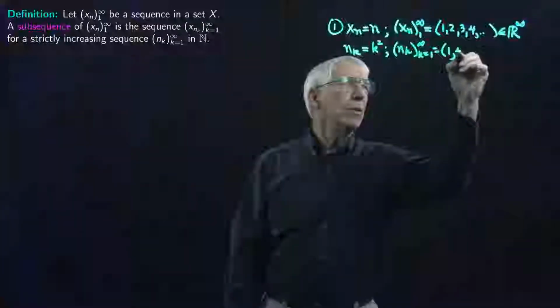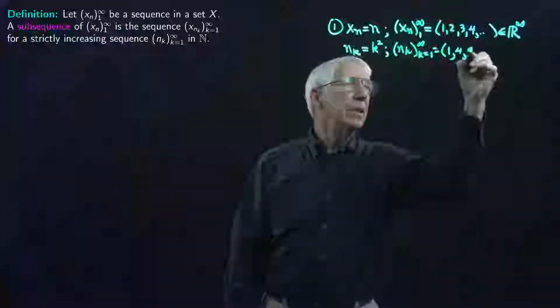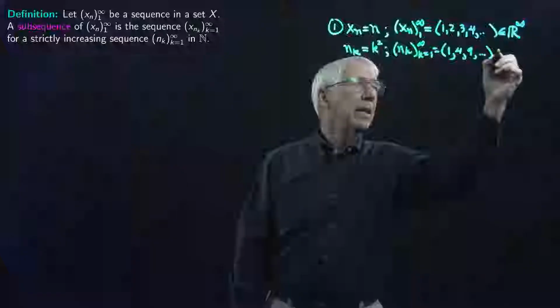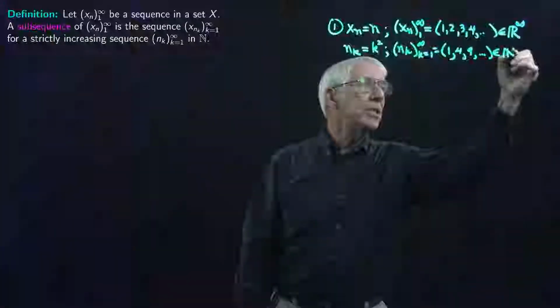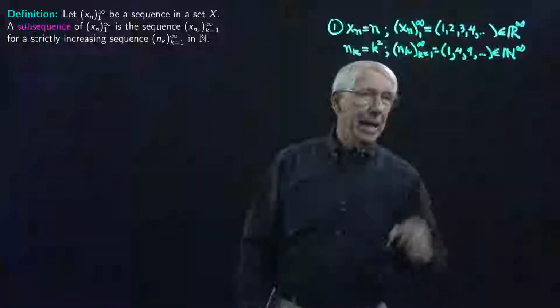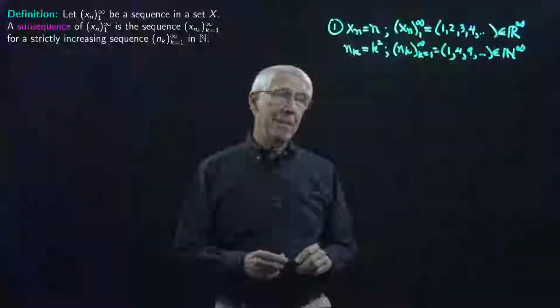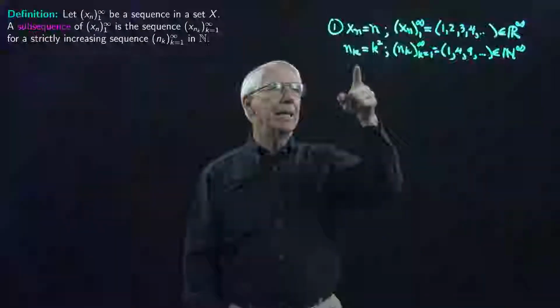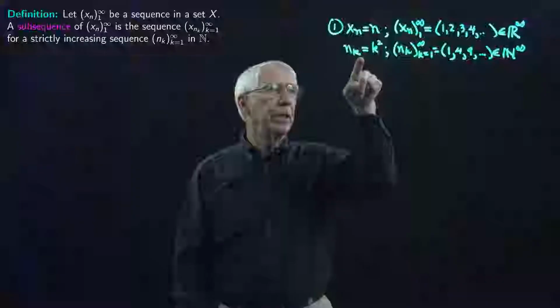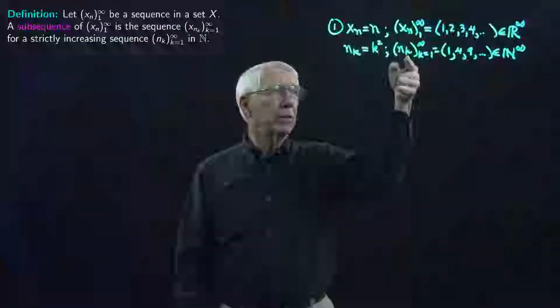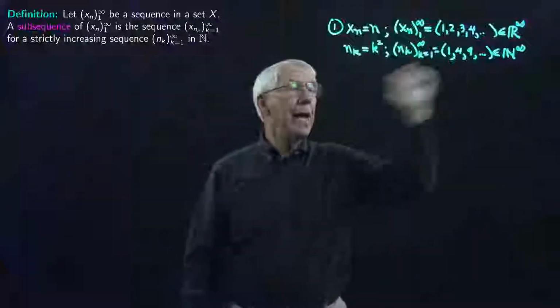When k is 2, this is 4. When k is 3, this is 9. And this is very much in N infinity. The key is that this sequence is a function from natural numbers to natural numbers.